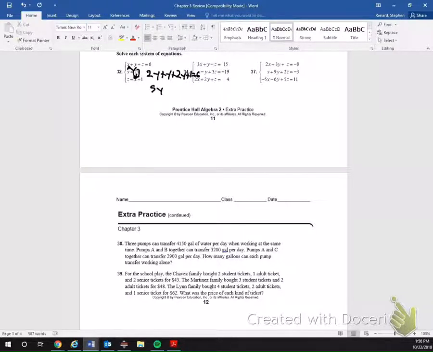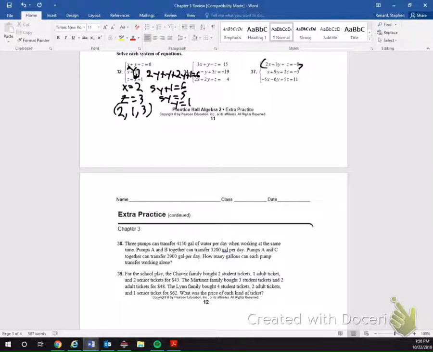So that's going to give us 5y plus 1 equals 6, or y equals 1. Plug that back in for x equals 2y, and x equals 2 times 1, or 2. z equals x plus 1, or 2 plus 1, or 3. So my ordered triplet is 2, 1, 3. Add all those together, 3, 4, 5, 6. That checks, so we're good to go.